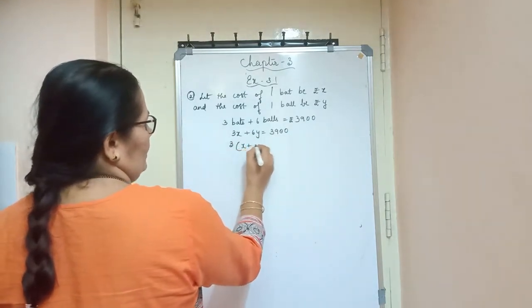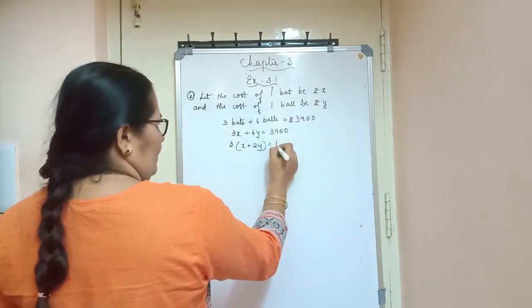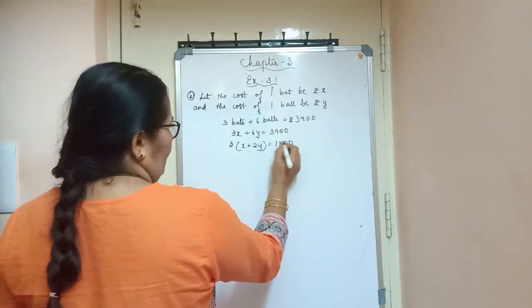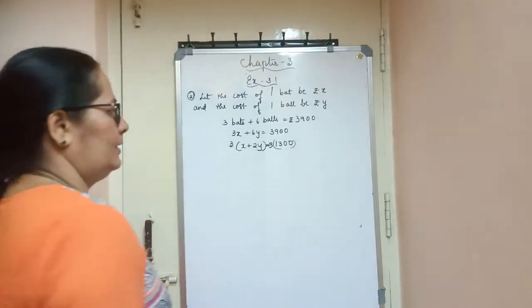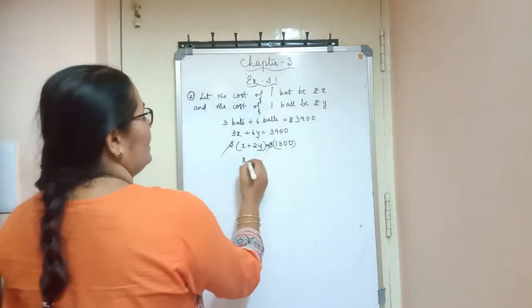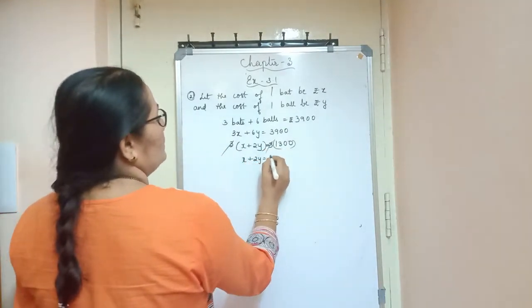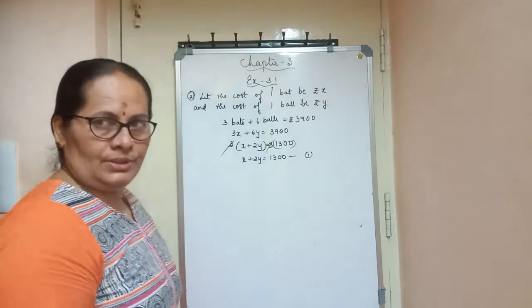So x plus 2y, 3 ones are 3, 3 threes are 9, so 3 into 1,300. So 3 is common on both the sides. So x plus 2y equals 1,300. This is the first equation.